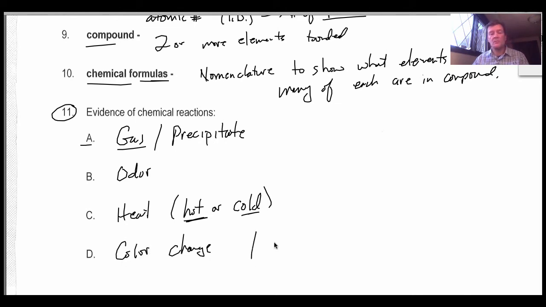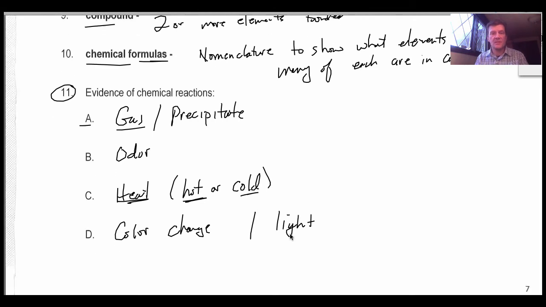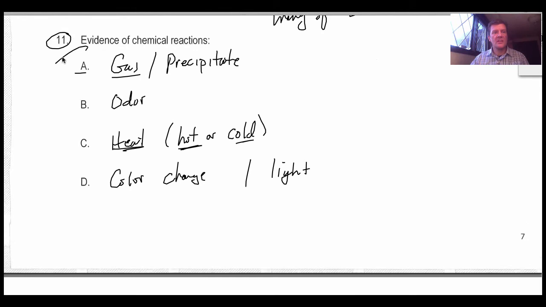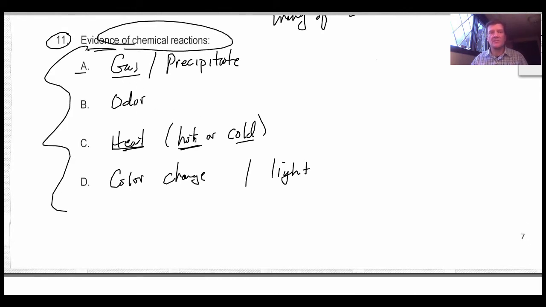Or another one, which might go along with heat, you might see light being emitted, if something's burning, or if there's luminescence. So those are some different indications that a chemical reaction has occurred. We're going to look at a number of chemical reactions today and you're going to see some of these different indicators.